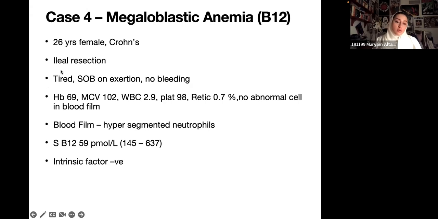So if they tell you in the scenario that this patient had an ileal resection, or they literally took out her ileum because the inflammation was there for a long amount of time, and they show you this type of picture: low hemoglobin, high MCV, reticulocytes are low, no abnormalities on blood film, or just hypersegmented neutrophils, for example. Here you know that this is a megaloblastic anemia, and most likely B12 deficiency because of this scenario, okay?